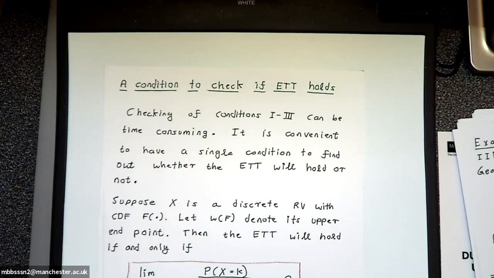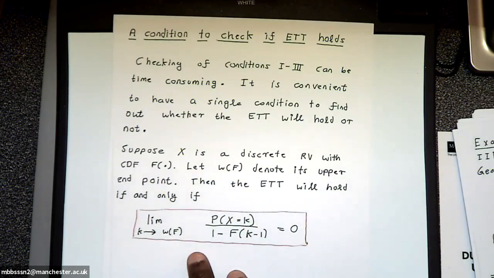I mean, you guys have been doing the quiz one, you know how much time it takes to check each of the conditions. Now, is there one condition you can check to see if any of the conditions holds or not? And fortunately there is, but you can apply this condition only for a discrete random variable.